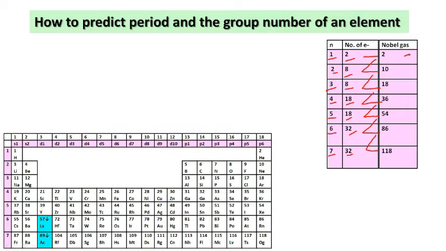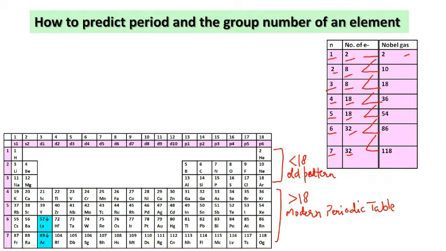While we are predicting the period and group number, we must remember 2-3 things. If the atomic number is less than 18, then the group number follows the old pattern, and for more than 18 it follows the modern periodic table.